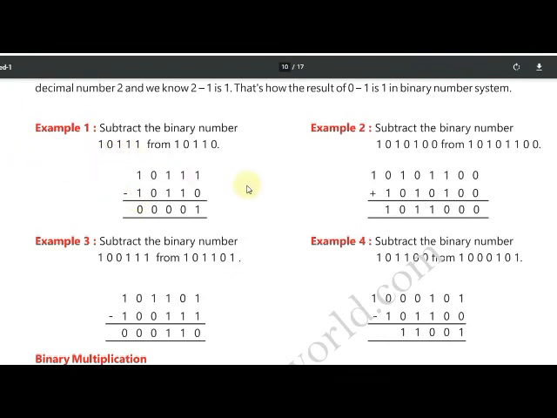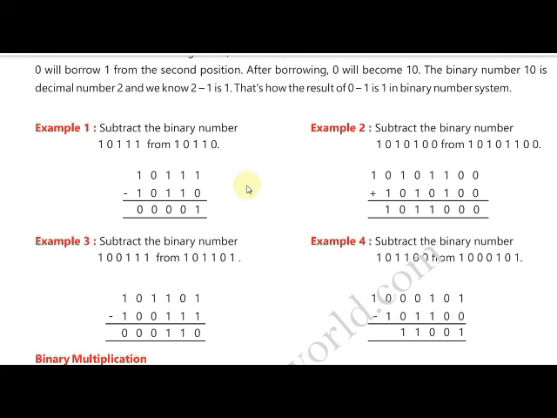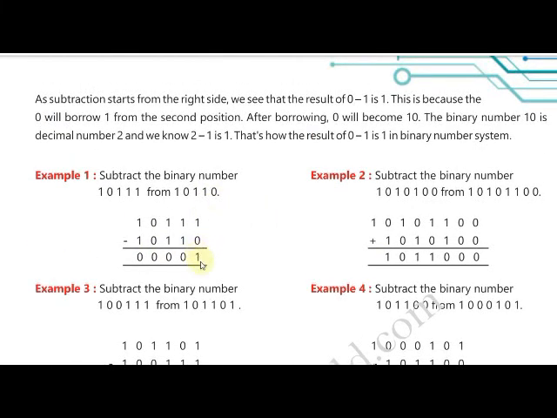Now here we have two binary numbers, and we have to find the difference between them. Here we have binary 10111 and 10110, and we start to calculate the subtraction from the right side. This is a subtraction of true and false, so 1 minus 0 is equal to 1.